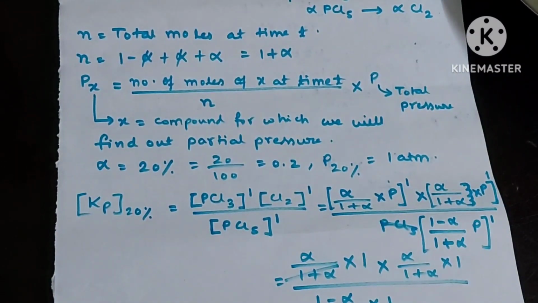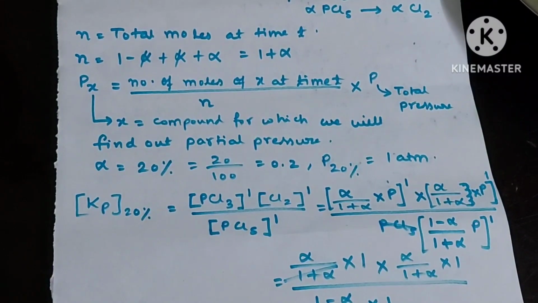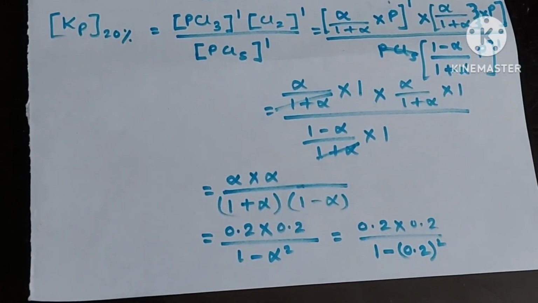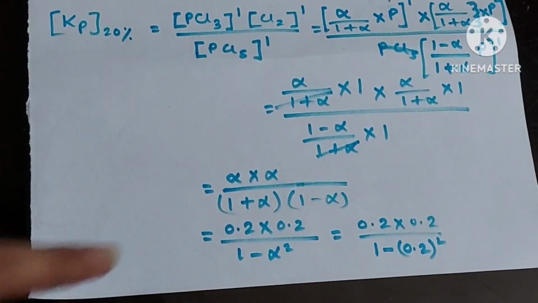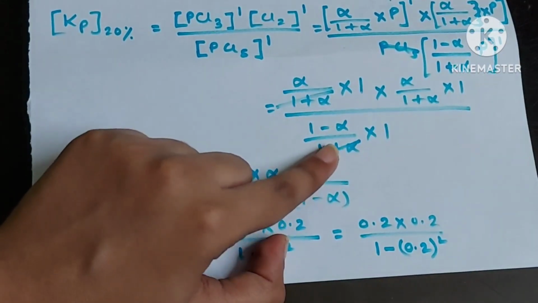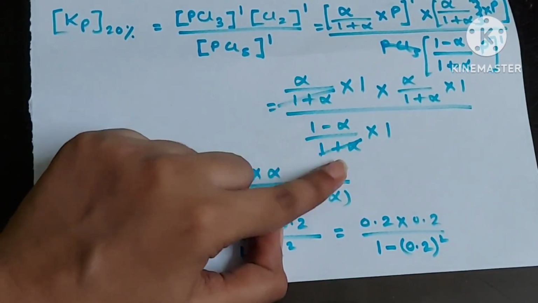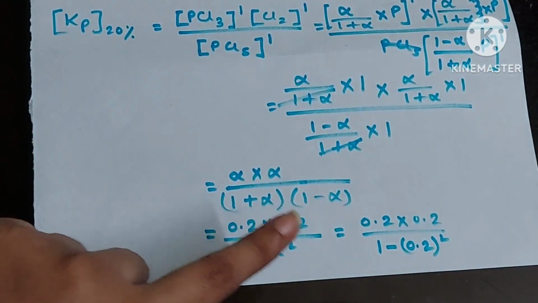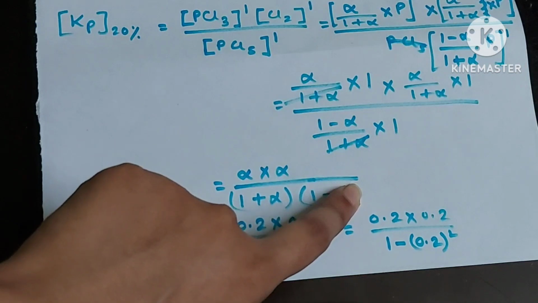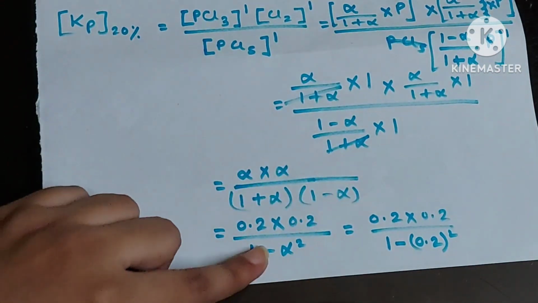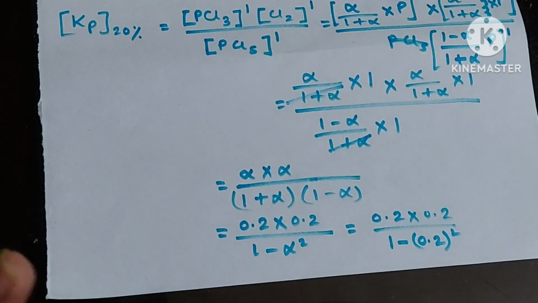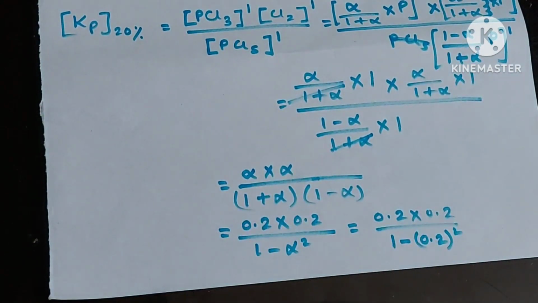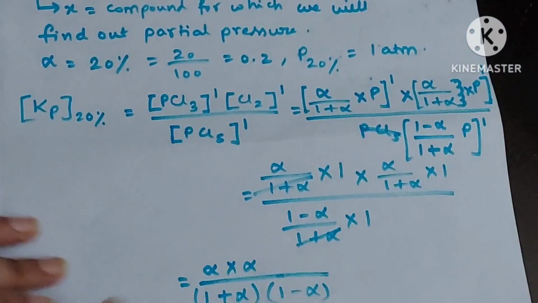After cancelling, I'm just showing you, we get this. The 2 will be cancelled, and then we get 1 plus alpha and 1 minus alpha in the denominator, and there is an algebraic formula for this, 1 minus alpha square. Then we will put the values. Alpha value is 0.2.